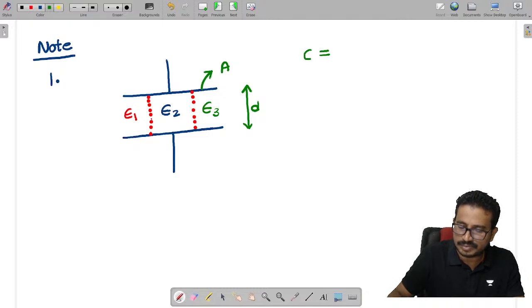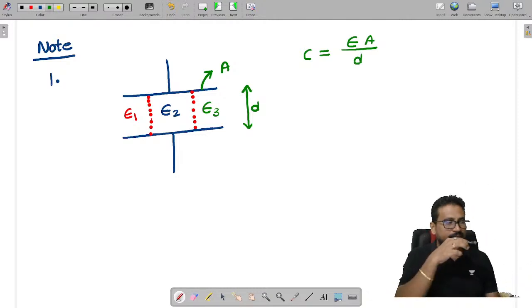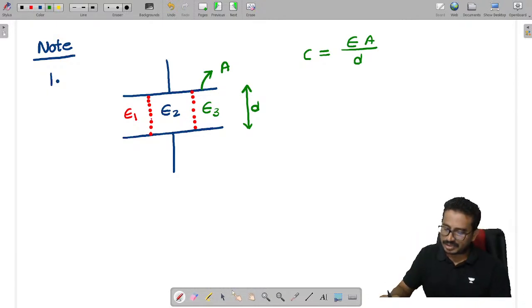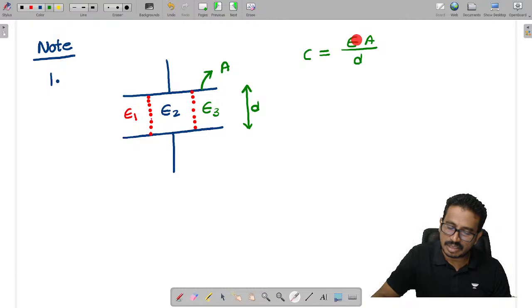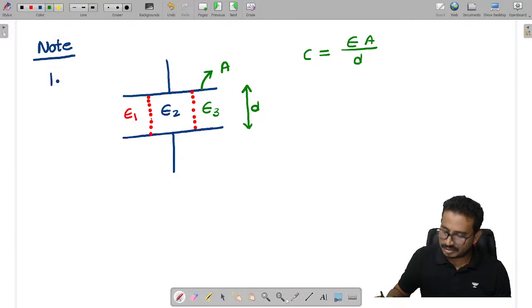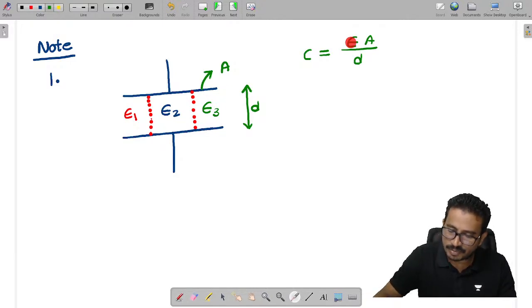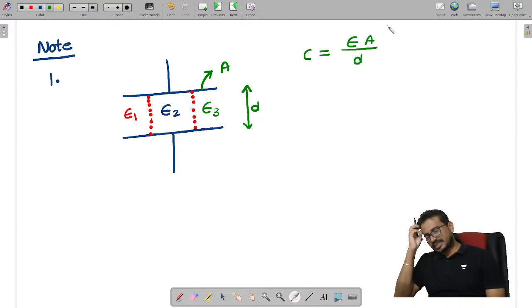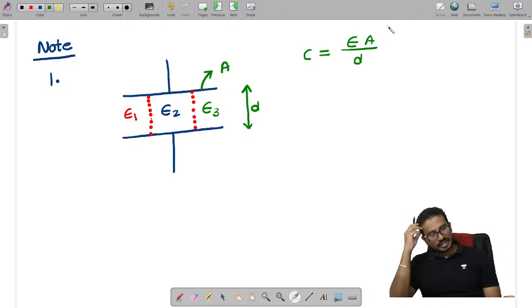So in general capacitance is given as epsilon A by D. Here epsilon is one parameter that always changes. अगर आपने मैंने ऐसा fill किया, apart from epsilon, what are the variable quantities here? D changes or A changes?